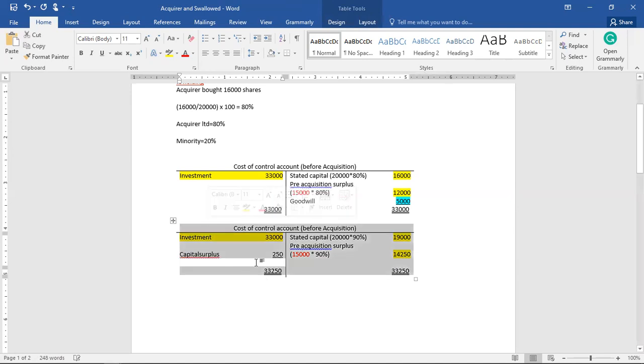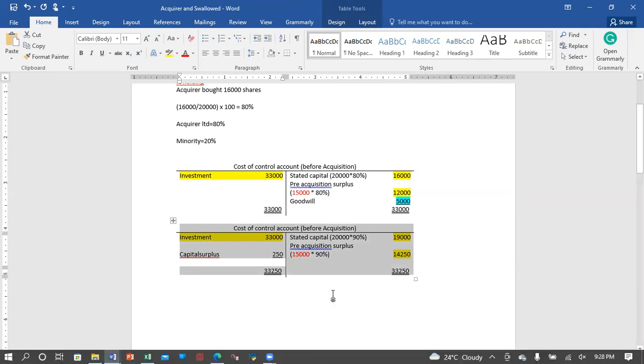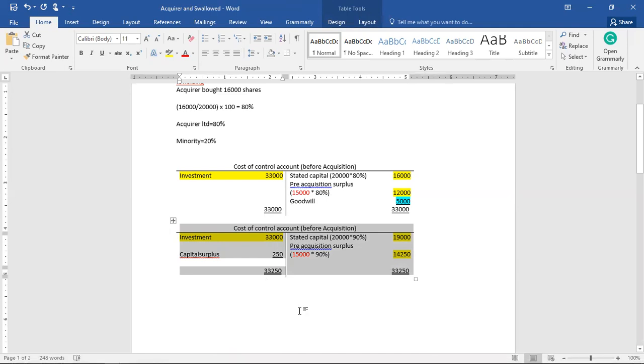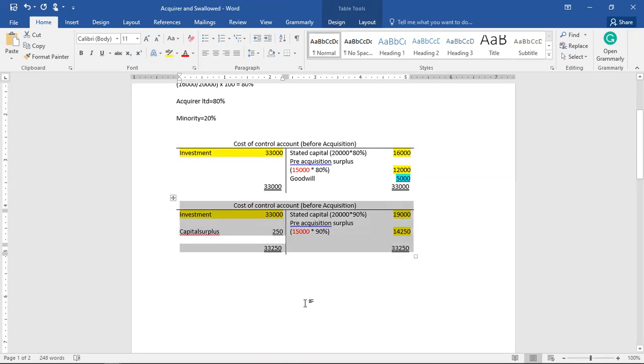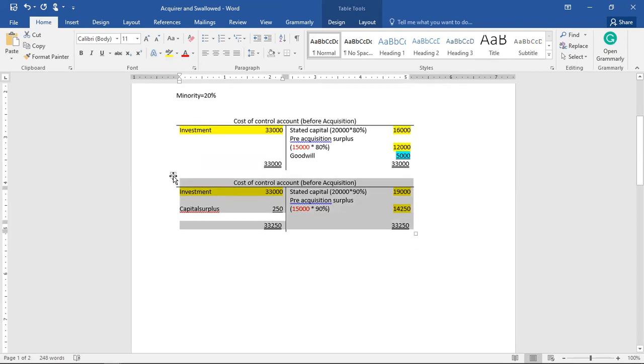For the purpose of your assignment, this is what you are going to get as your capital surplus. Because it is not part of my question I'm looking at here, I'll just delete it and move on.